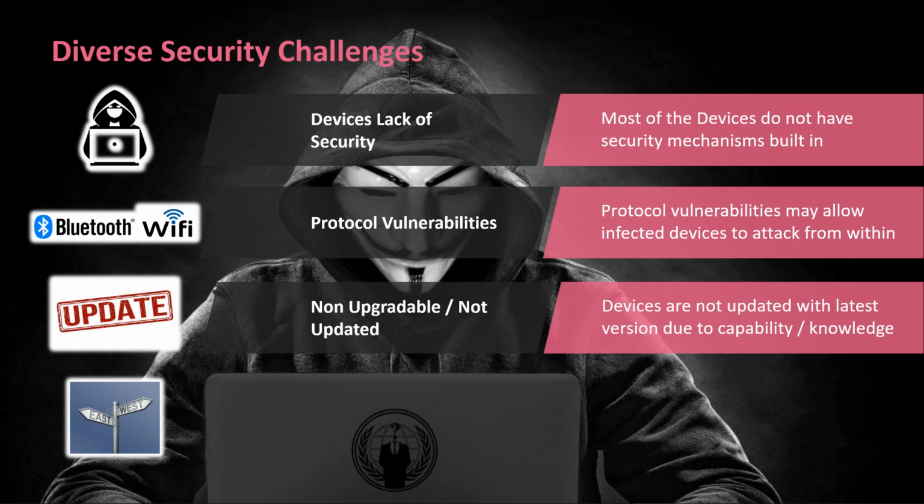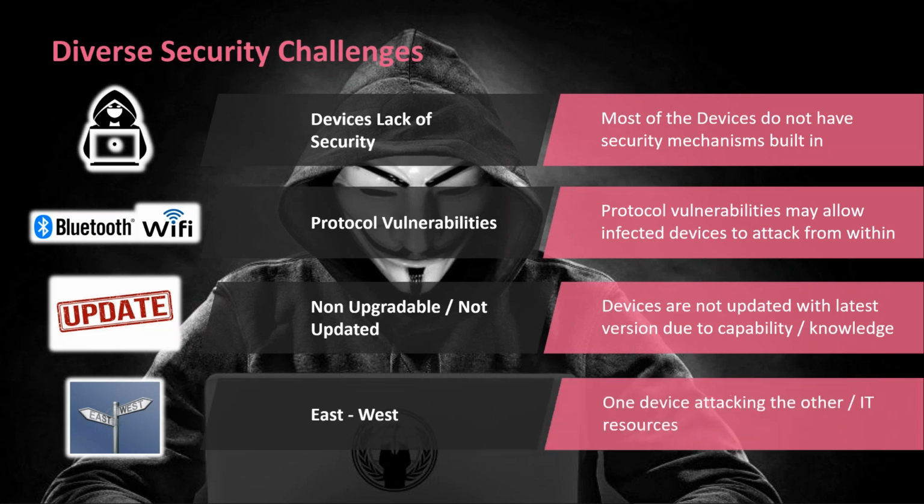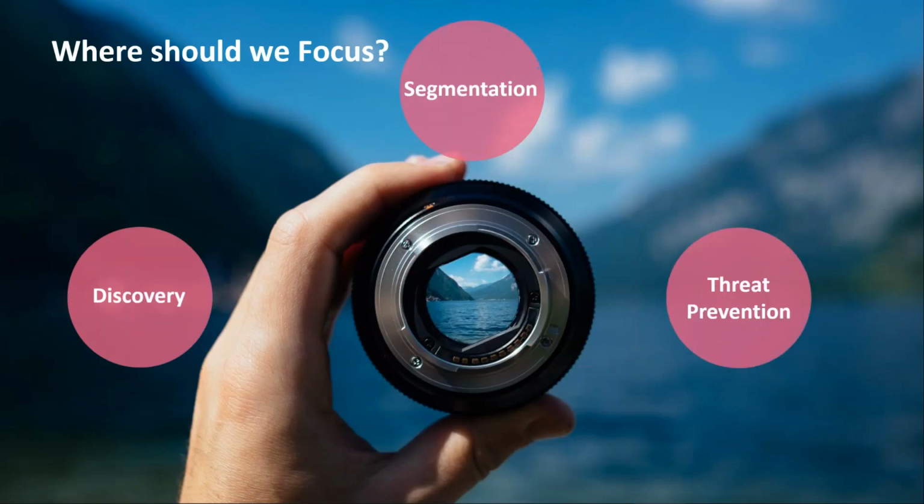And updating, in most IoT devices, especially the ones that aren't backed by a major brand, they're simply not being updated regularly and probably not managed correctly. Additionally, they can exhibit lateral movement by running third-party code that wasn't designed to run on that device. So where should we focus? Discovery, segmentation, and threat prevention.